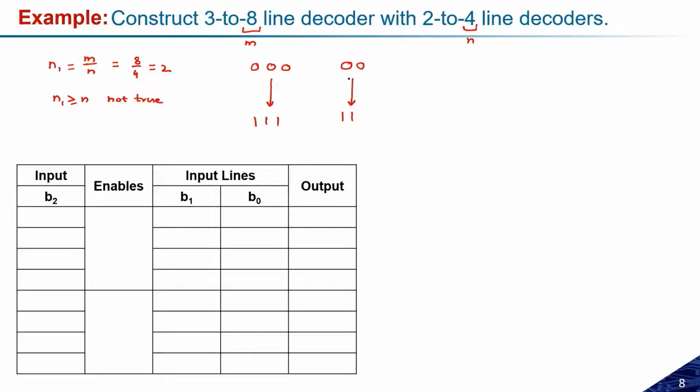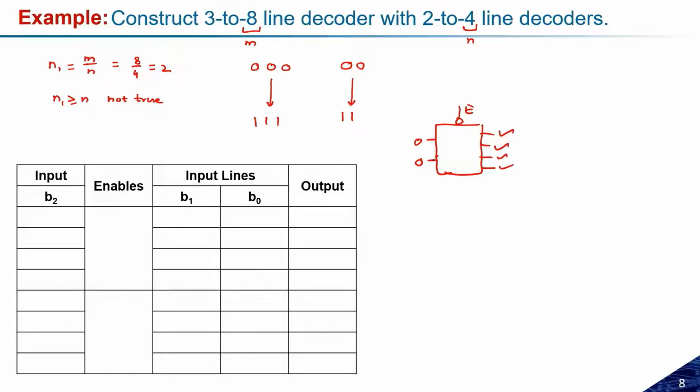But if we recall one more thing, in a decoder we have an enable line that can decide whether I have to activate that decoder or not. Suppose I have an enable signal, 2 inputs and 4 outputs for a 2 to 4 decoder. Whatever input combination I get, accordingly that output will be selected.